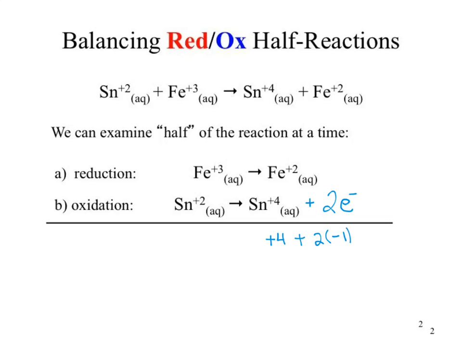Okay, what happens to our iron? Take a look at the iron. What happened to the iron to go from +3 to +2? Gained an electron. What does that gain mean?